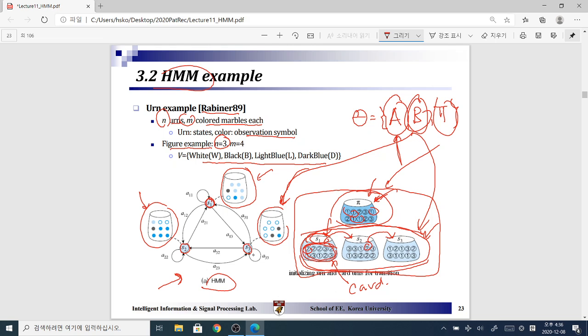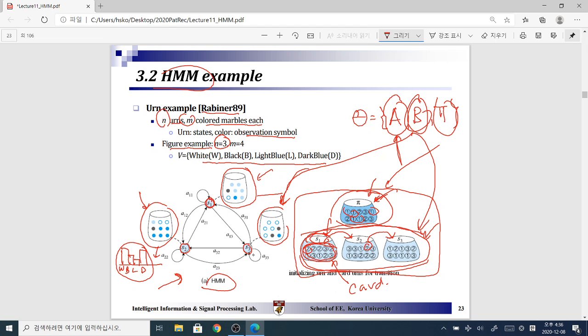So you would have some sort of distribution, let's say this particular urn having a distribution looking like that, right? So this would be, say, white, this would be black, light blue, and dark blue. Some sort of distribution looking like that.